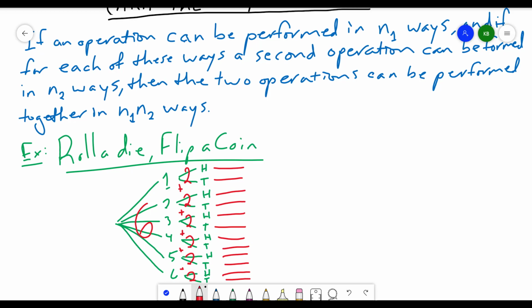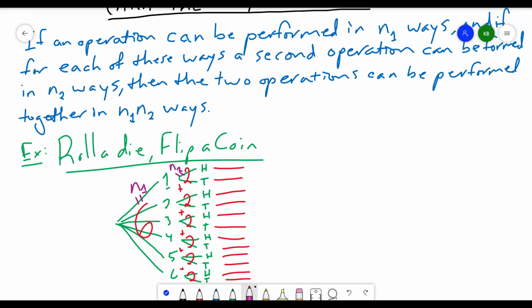So what the multiplication rule allows me to do is, instead of having to make a tree diagram and notice that I'm doing this repeated addition over and over again, I can instead say, here's n sub 1, that was 6 ways, and then here's n sub 2, I had 2 ways.